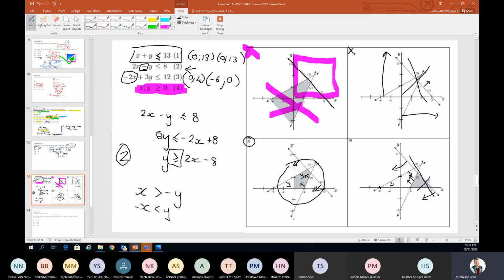So I think that is something that you can nearly remember. We always want it to be written in the format of y is equal to mx plus c. And we always want the y to be the positive one.